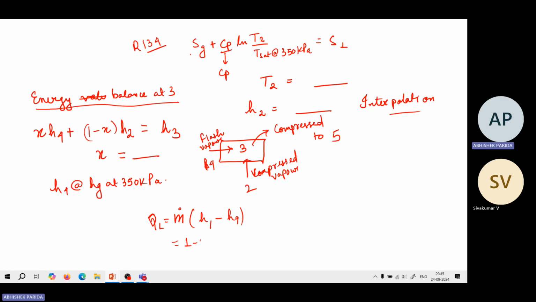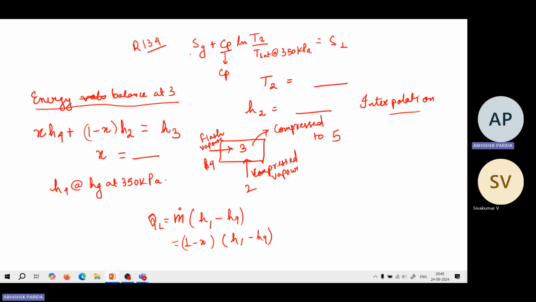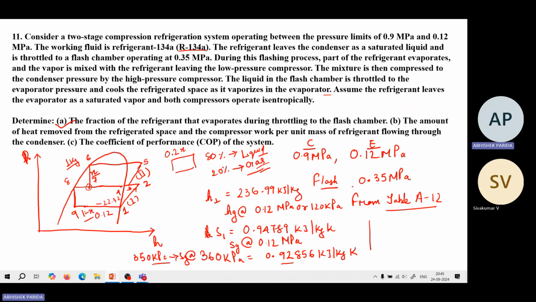So that is (1 minus x) into (H1 minus H9). H1 you would have already found out. H9 is actually the hf at 350 kilopascal. Once that is done, you can find out option B as well.